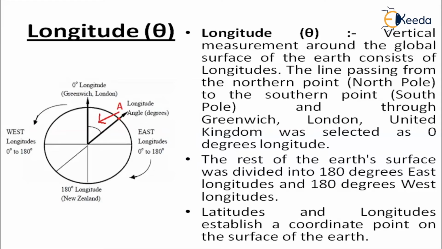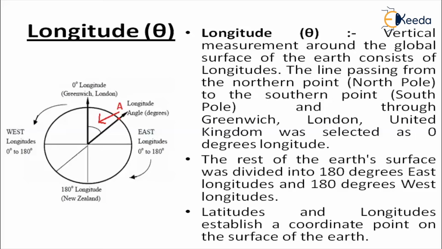The line passing from the North Pole to the South Pole and through Greenwich, London, United Kingdom, is selected as 0-degree longitude. The rest of the Earth's surface is divided into 180 degrees east longitude and 180 degrees west longitude. So longitude lines are vertical lines.